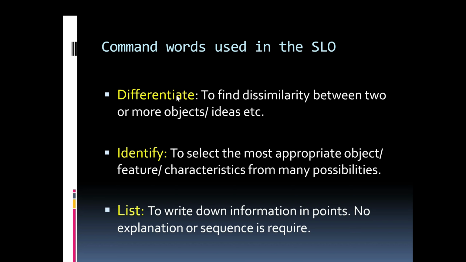If the question is about differentiate or distinguish, then you have to just find the dissimilarities between the two quantities, objects, ideas, or concepts. Differentiate doesn't mean that you have to write the similarities; you have to write just the dissimilarities.